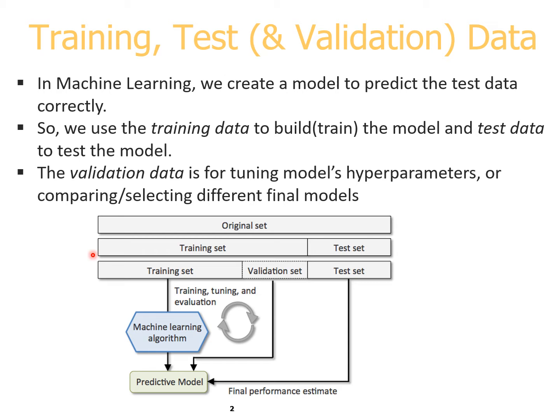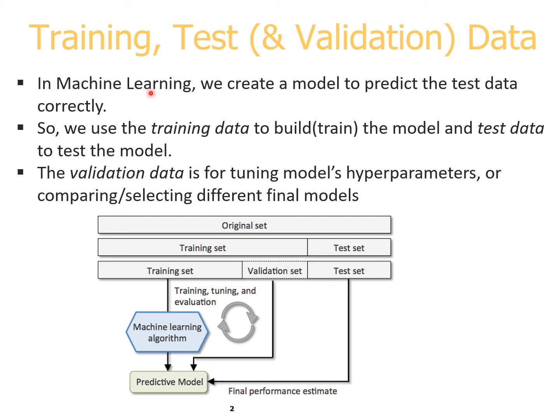To do that, you use validation data and evaluate each of these models. That's the purpose of using a validation set. By using the validation set, you evaluate the different models and you have a final winner, the final model. And that final model is now evaluated by using this test data. So that's the difference between the training data, test data, and validation data.